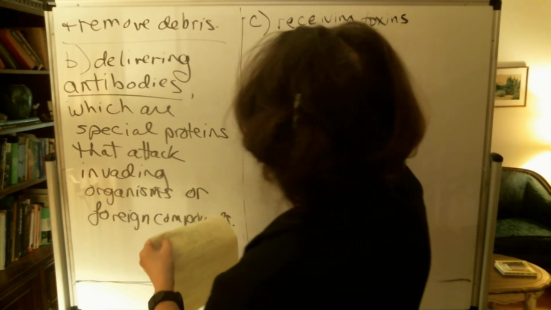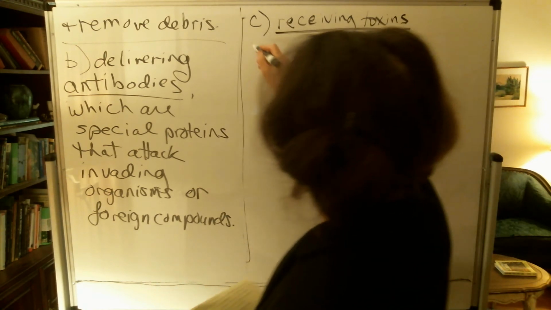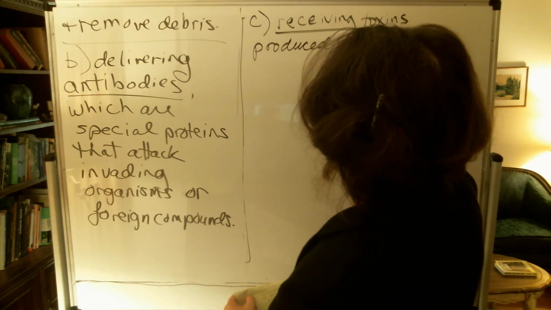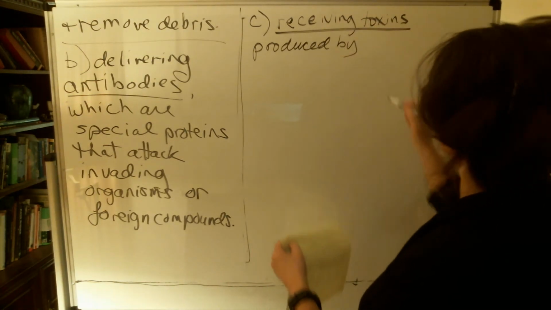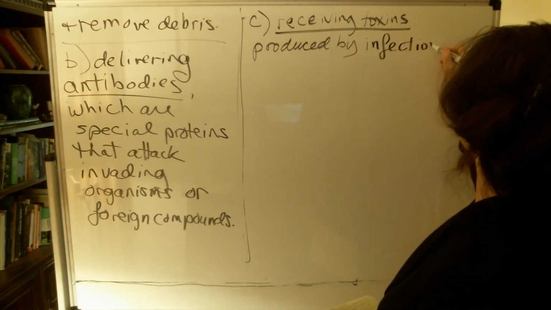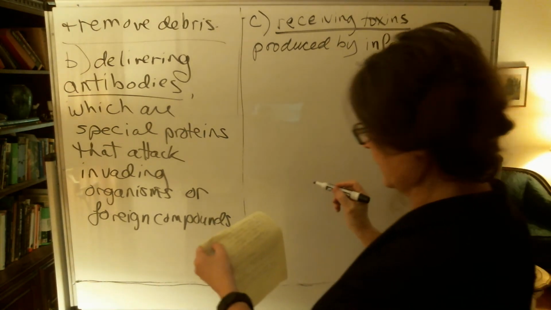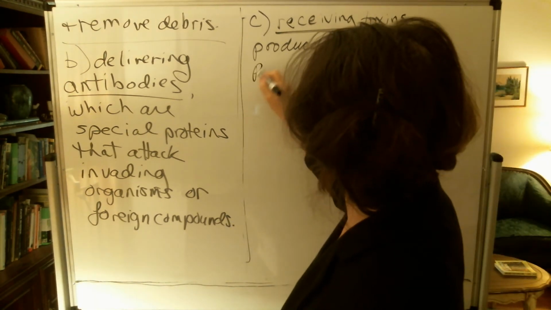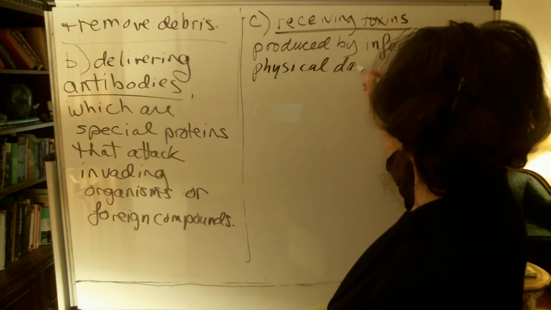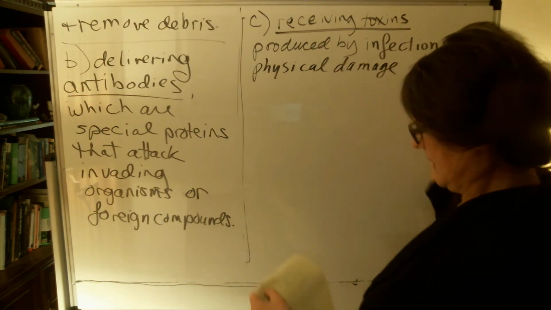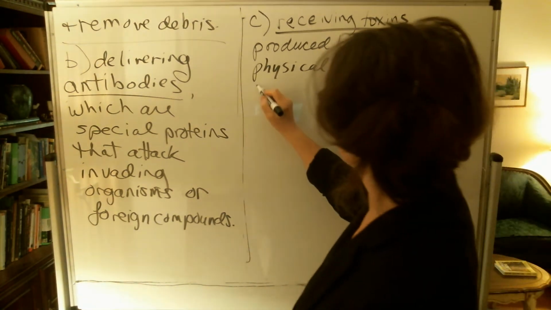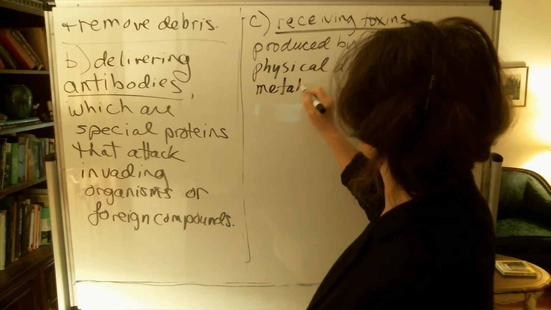Various different kinds of poisons then, that are produced by infections and by physical damage, or even just plain metabolic activity.